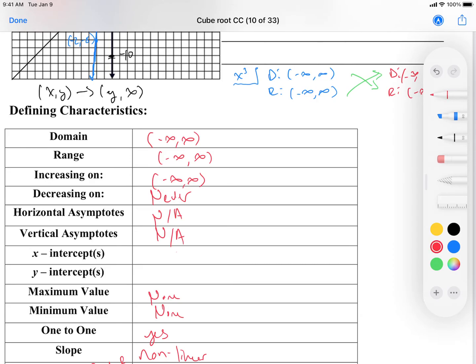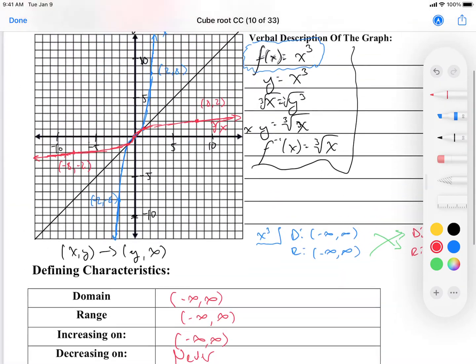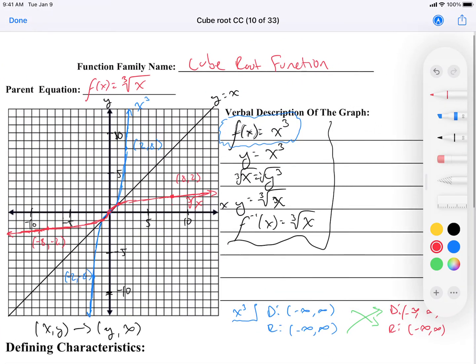It's going to be (0, 0). X-intercept equals 0, y-intercept equals 0. I'm just going to write this as coordinates. And so this is our parent function for the cube root function.